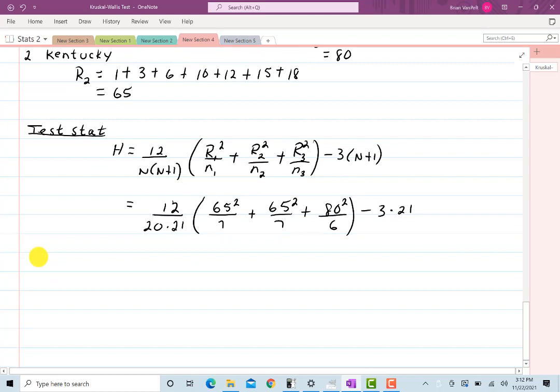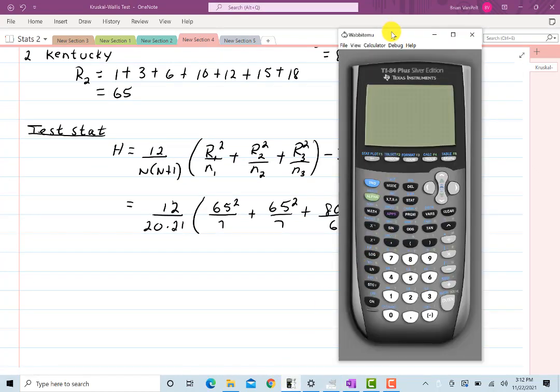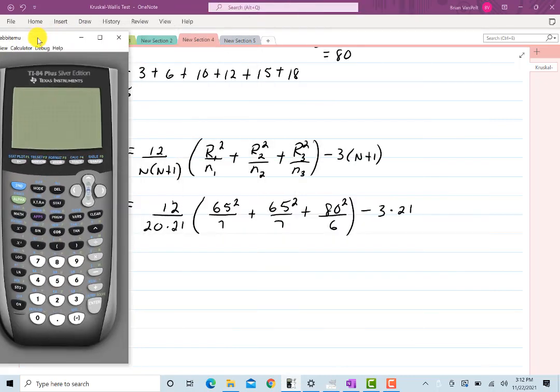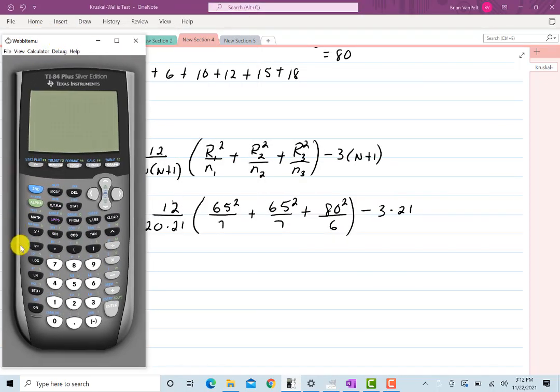And let's let the calculator do the whole thing. Now the way I'm going to do it, let me pull it to the side so we can see the whole thing. You can do it in pieces, but I am going to first do my 12 divided by, in parentheses, 20 times 21. I'm going to end that parenthesis. Now I'm going to start this big parenthesis over here.